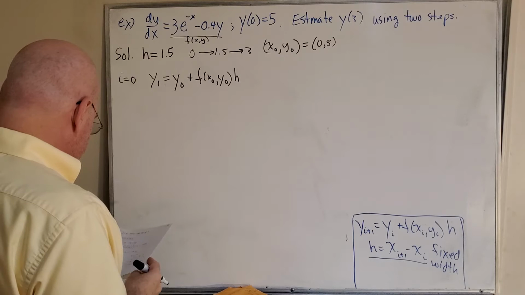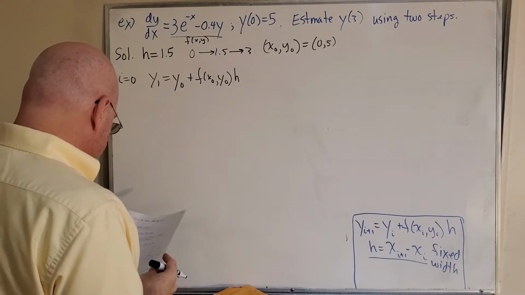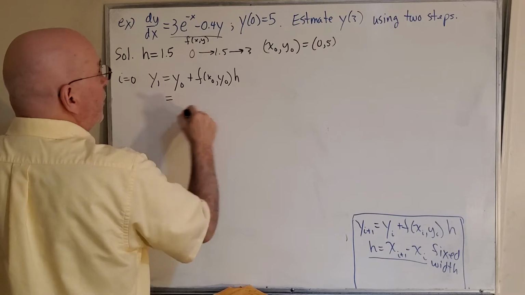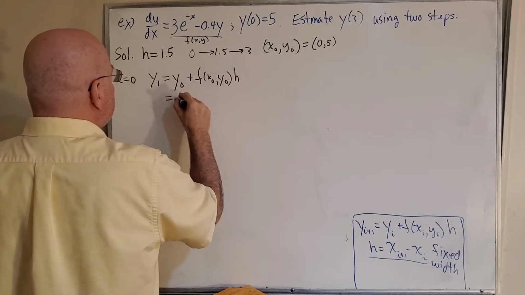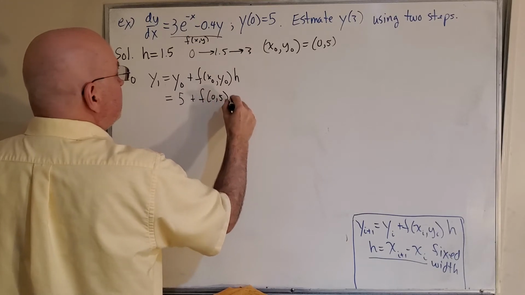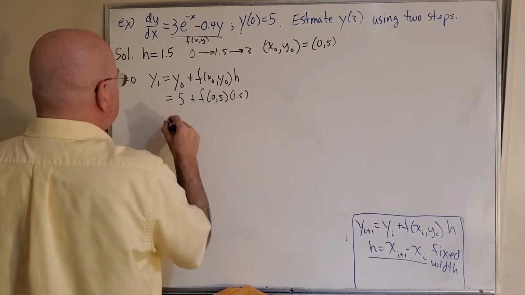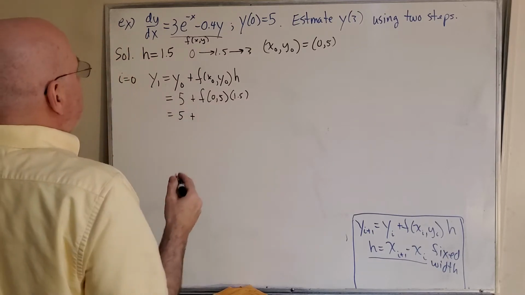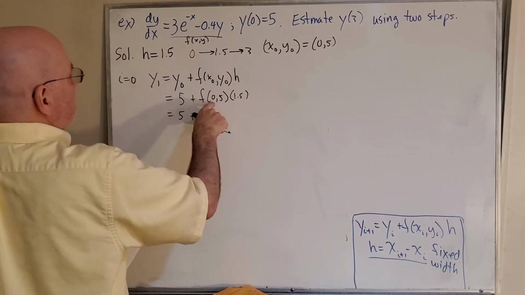We know x1 is 1.5. So we're going to get y0 is a 5 plus f of 0, 5 times 1.5. Okay, f of 0, 5.